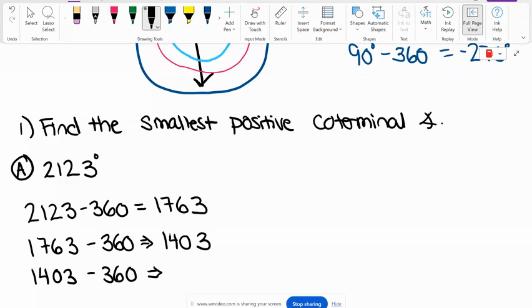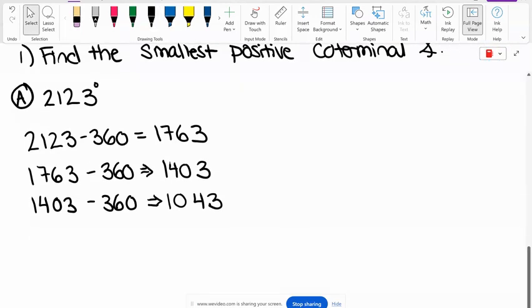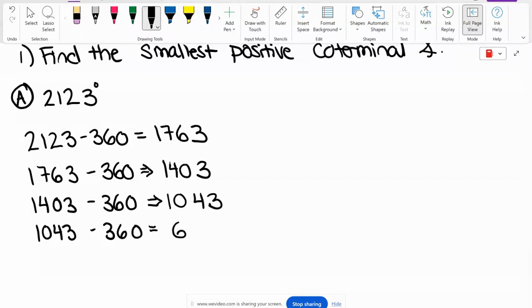That's going to give me 1043. I'm going to take that 1043 and subtract 360. That's going to give me 683. I'm going to take that 683, subtract 360. That's going to give me 323.